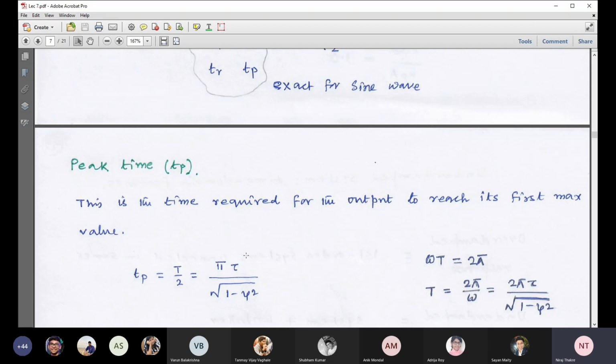Capital T by 2 means this one. And how do we get this one? You see the right hand side. Omega is, if you recall, basically the radian frequency, radian per unit time, and T is the period. So if we multiply, we get 2 pi. Okay. So T equal to 2 pi by omega. And omega is basically root over 1 minus zeta square by tau. This also we have written.